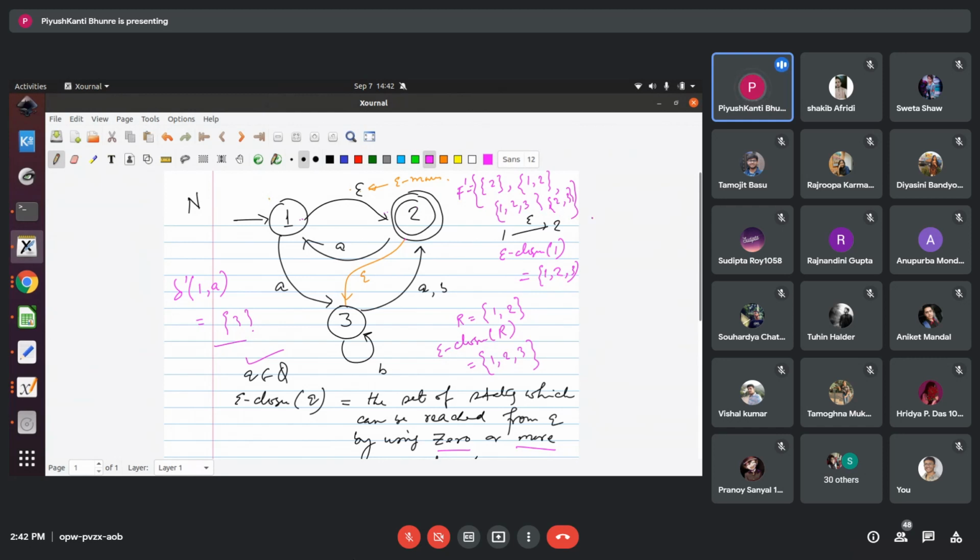So these 4 sets will be in the final list of sets in the deterministic finite automata that we are going to construct.